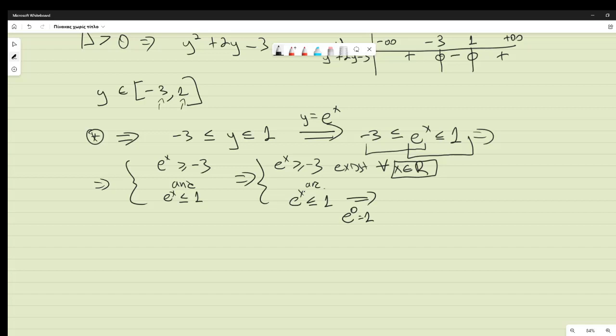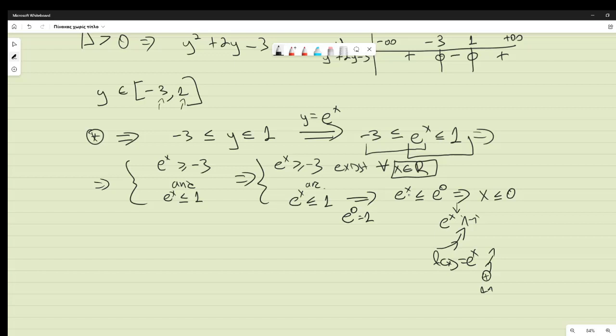To make our lives much easier, we will write e to the power of x is smaller or equal to e to the power of 0, and then we know that e to the power of x is an increasing function, the function f equal to e to the power of x, and one to one, so we can keep the inequality direction, so it will be x smaller or equal to 0.